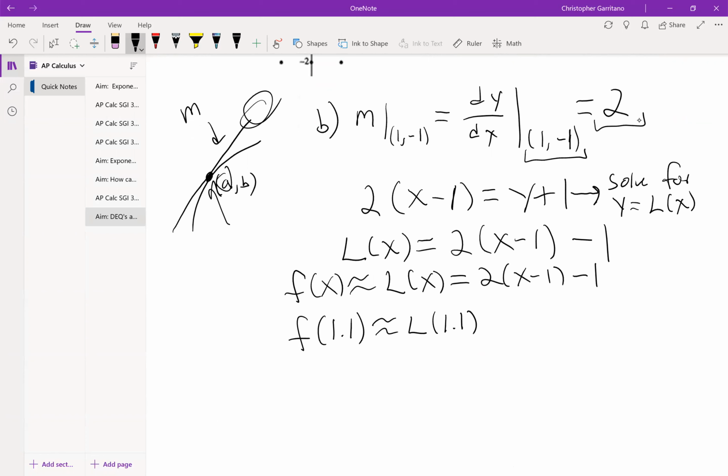And L of 1.1 is equal to 2 times, well, 1.1 - 1 is just 0.1, and all that minus 1. And we get 0.8. Sorry, negative 0.8, of course. And so that's part B. The approximate value of the function f at x equals 1.1 is negative 0.8.